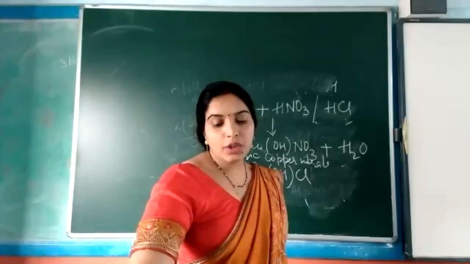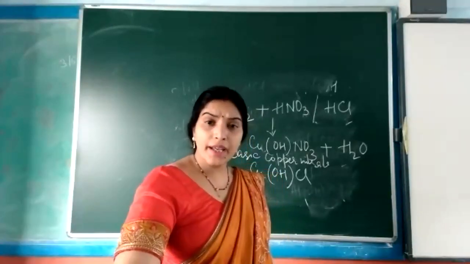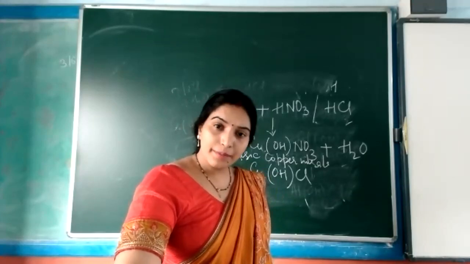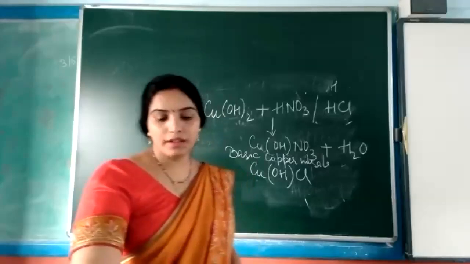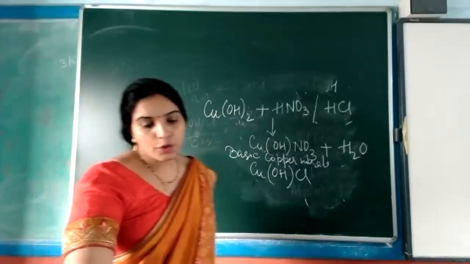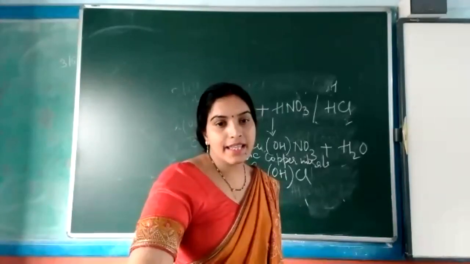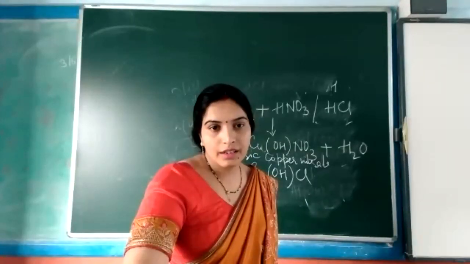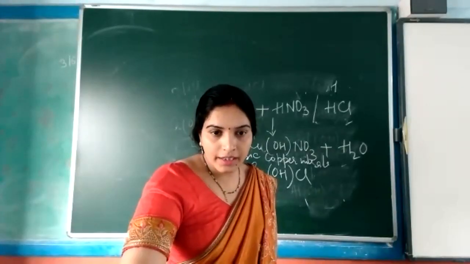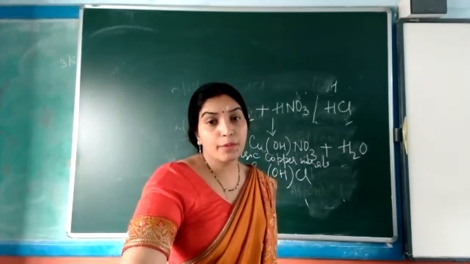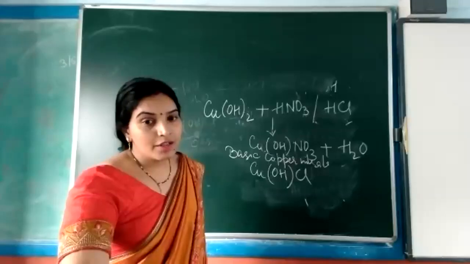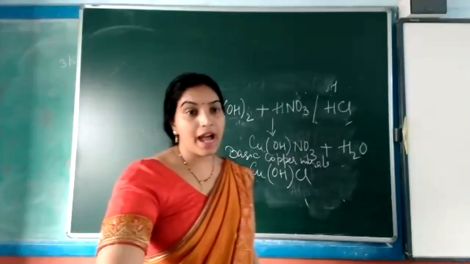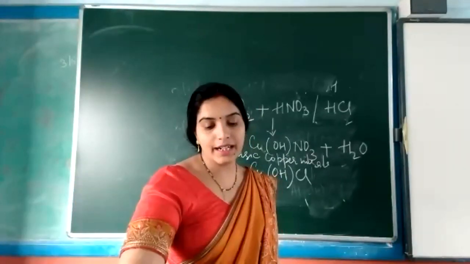What about mixed salt? In case of mixed salt, either the basic radicals are 2 in number or the acidic radicals are 2 in number. Clear? Like sodium potassium carbonate, that is NaKCO3. This sodium potassium carbonate contains 2 different basic radicals. One is sodium, the other is potassium, and only one acidic radical, that is carbonate.